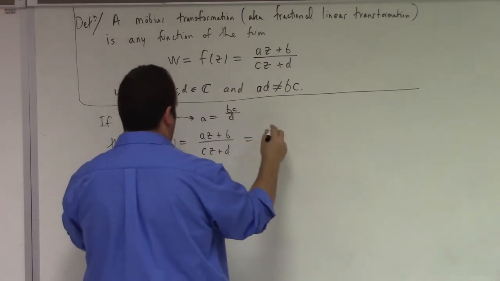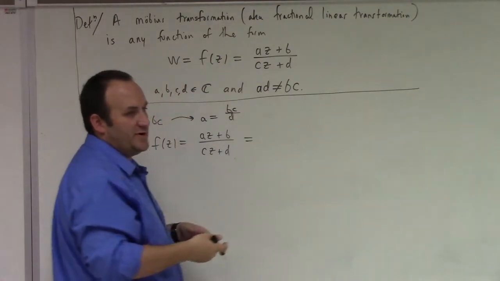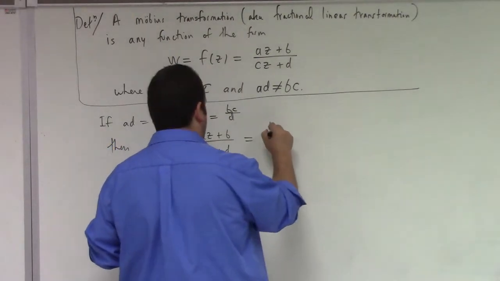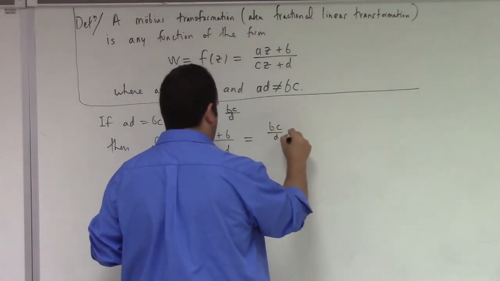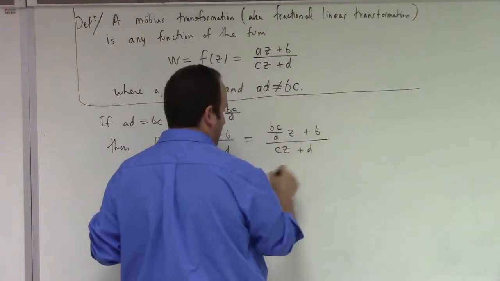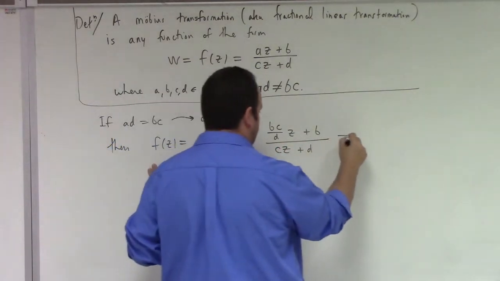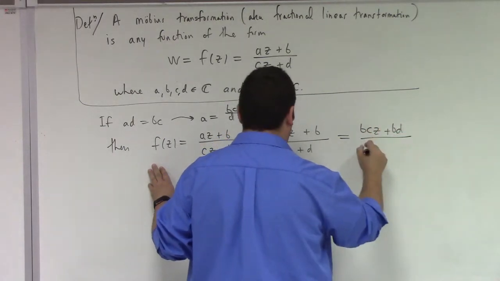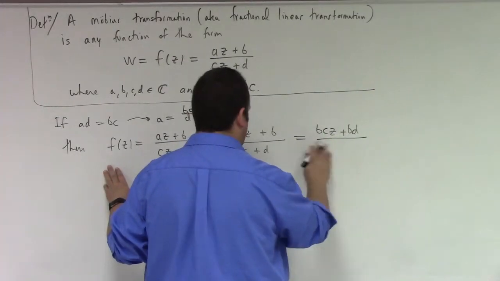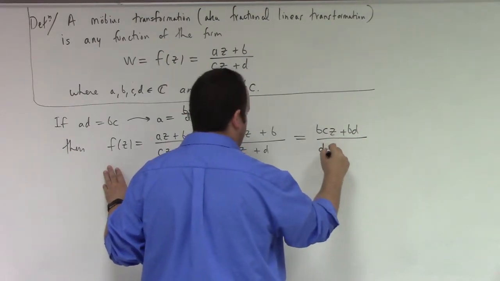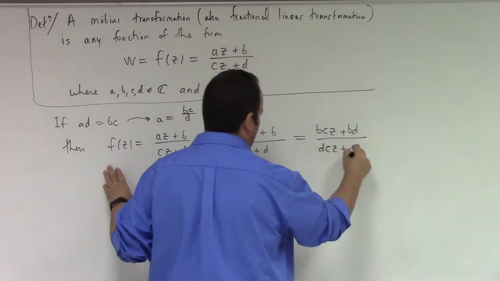All right. Now, admittedly, we need a separate argument for when D is 0. So that would be BC over D times z plus b over cz plus d. Multiply this by D over D: BCz plus BD over DCz plus DD.